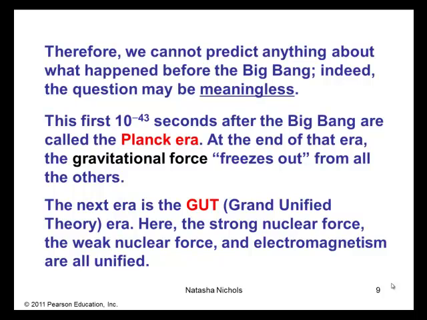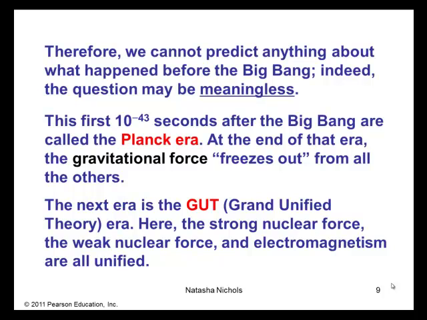Others, however, disagree, arguing that when the correct theory of quantum gravity, or the theory of everything that will unify gravity and quantum mechanics, is constructed, it will remove the singularity and allow us to address the question of what came before.